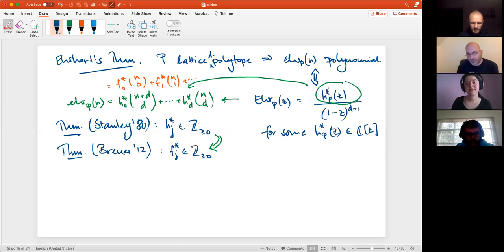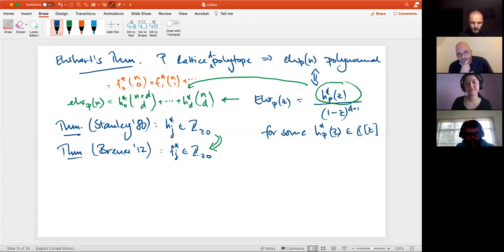Now we can start imagining, okay, if h star are non-negative integers, f star are non-negative integers, that means hopefully there's a sort of counting interpretation in there.